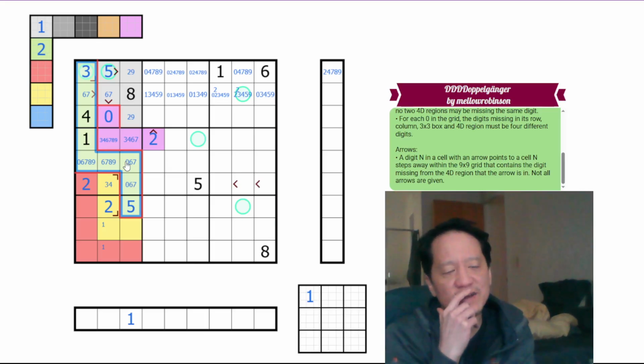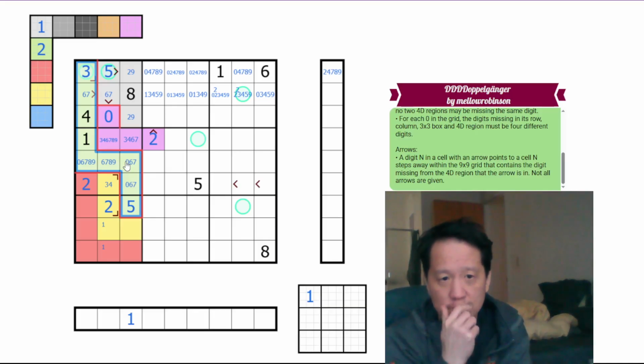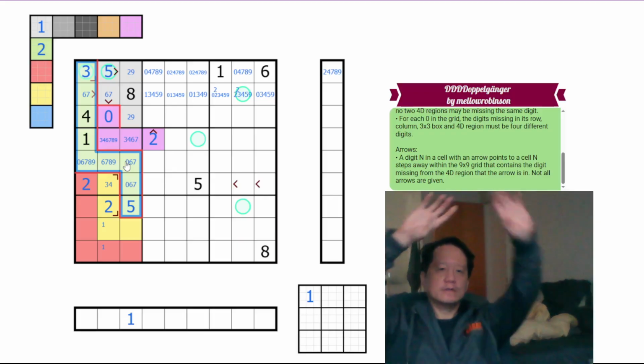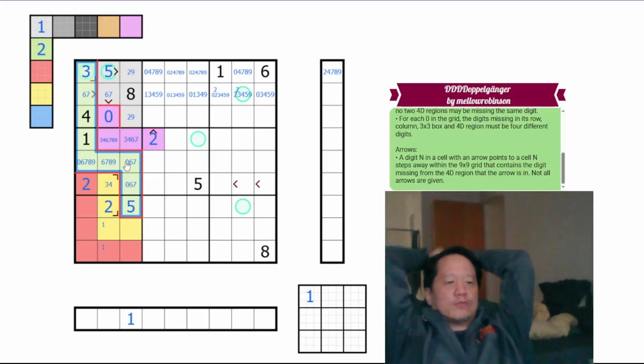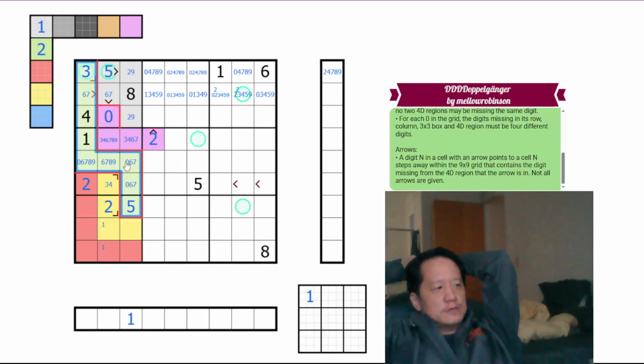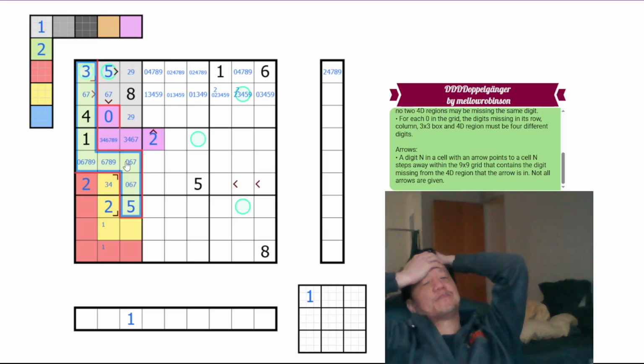Maybe that is valid. Could... missing a 2 in the green regions... Maybe that's the error that I had.